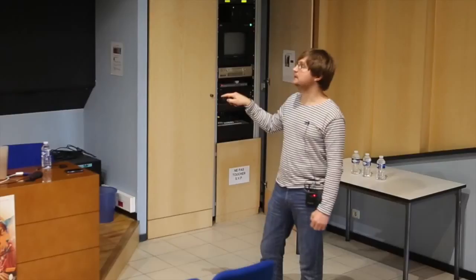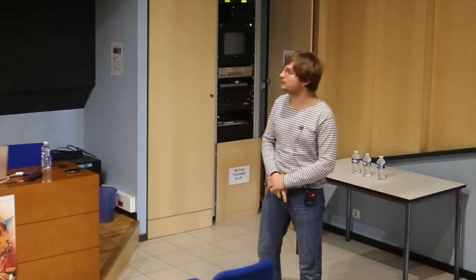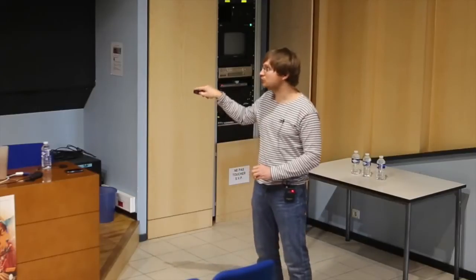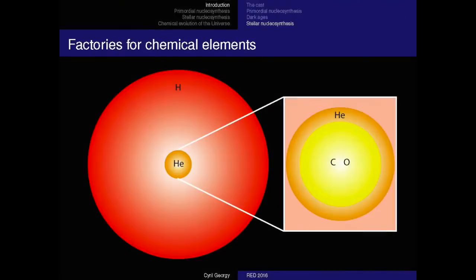And then successively, the stars will continue to contract when there is no more fuel available to produce the temperature needed to counteract gravity. The star will contract, heat up a bit, and reach a temperature where it is able to build the successive elements. So after hydrogen, you will be able to burn helium into carbon and oxygen, and so on.